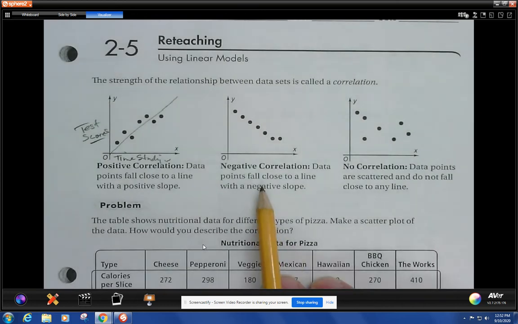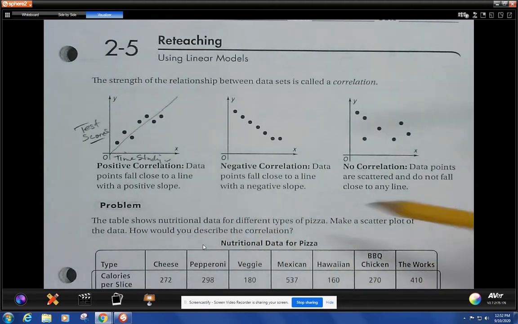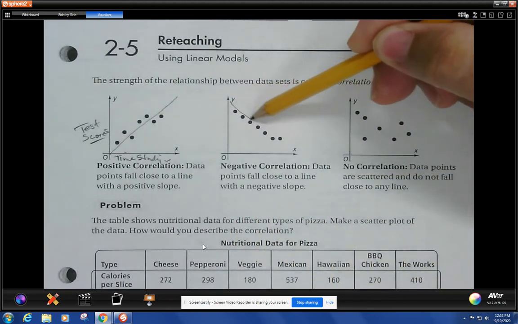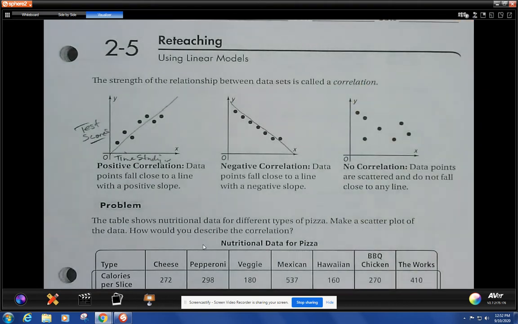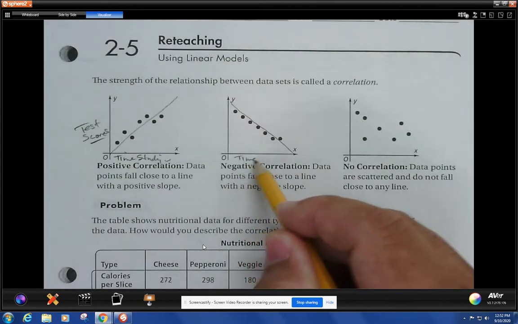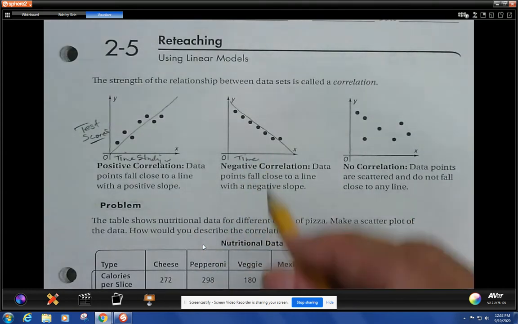Conversely, you see here negative correlation. It says negative correlation is data points fall close to a line with a negative slope. So again, if you were to draw a line here, you can see that most of those points are really, really close to that particular line. If I spend more time, you notice I'm using time a whole lot, that's because you'll see that a whole lot.